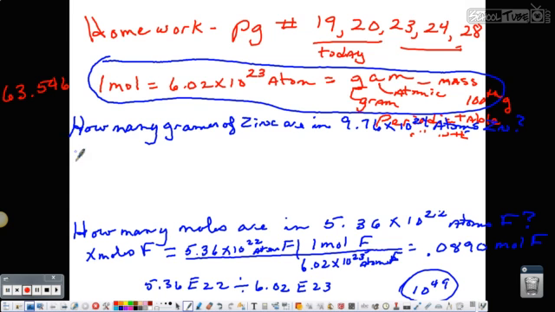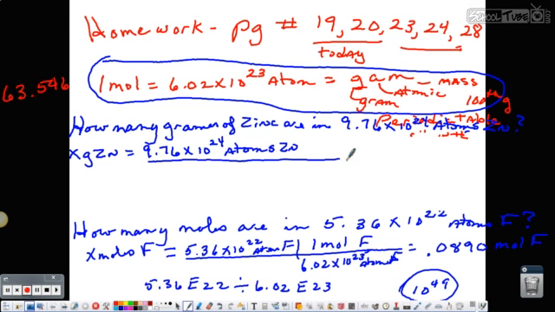Alright, so I am looking for X grams zinc equal 9.76 times 10 to the 24th atoms of zinc.